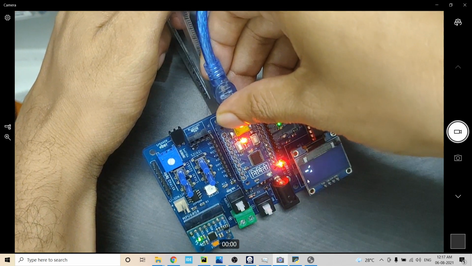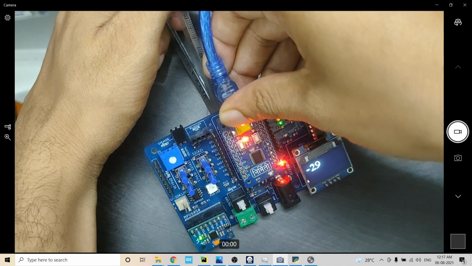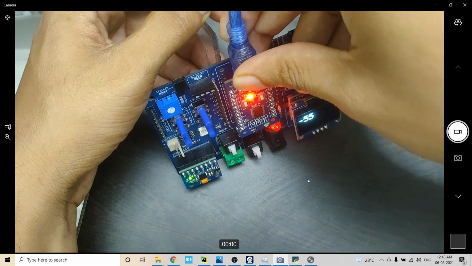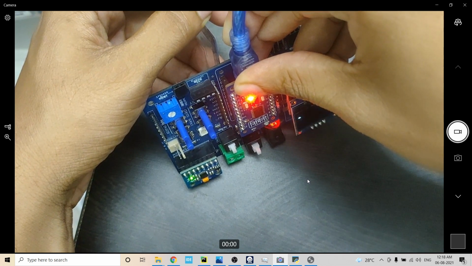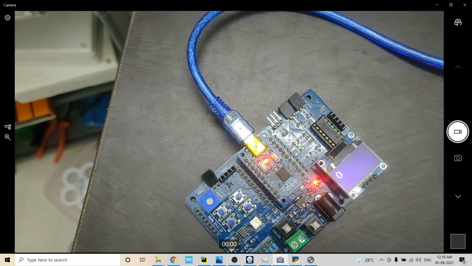Yeah, it is showing nearly 30, means 29, and then for 60 it is showing nearly 60, 61. It is sufficiently accurate.